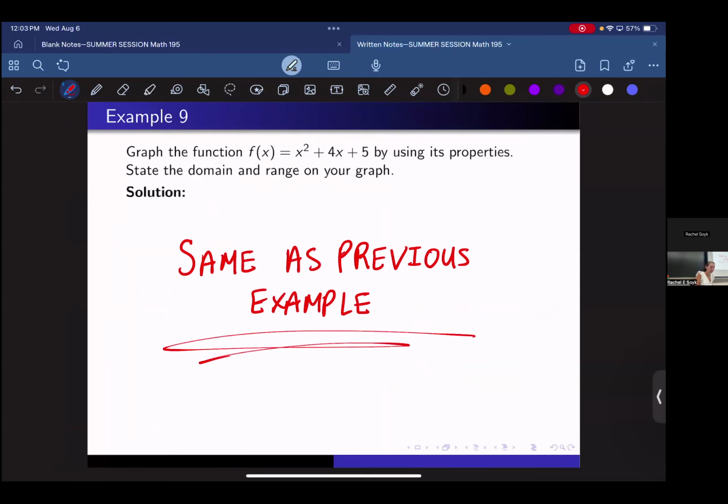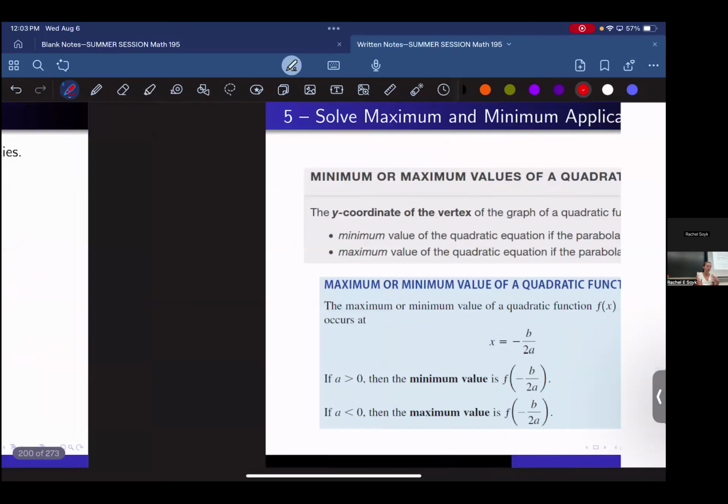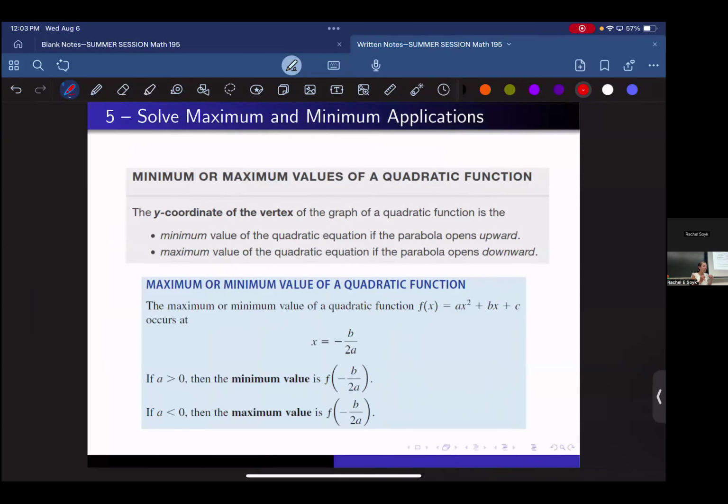So the last objective for this section is just dealing with your maximum and minimums, but I feel like you have a really good grasp of this at this point, because essentially if your A value is positive, you have a minimum, you have that U-shaped, and if your A value is negative, then your quadratic is upside down and you have that maximum value, and you determine that through substituting in your axis of symmetry to find what your exact minimum or maximum is on your coordinate plane.